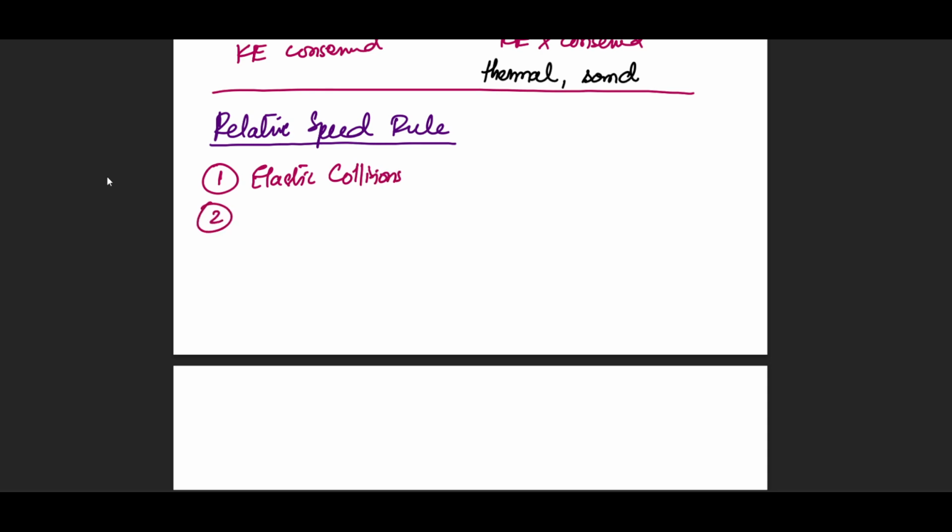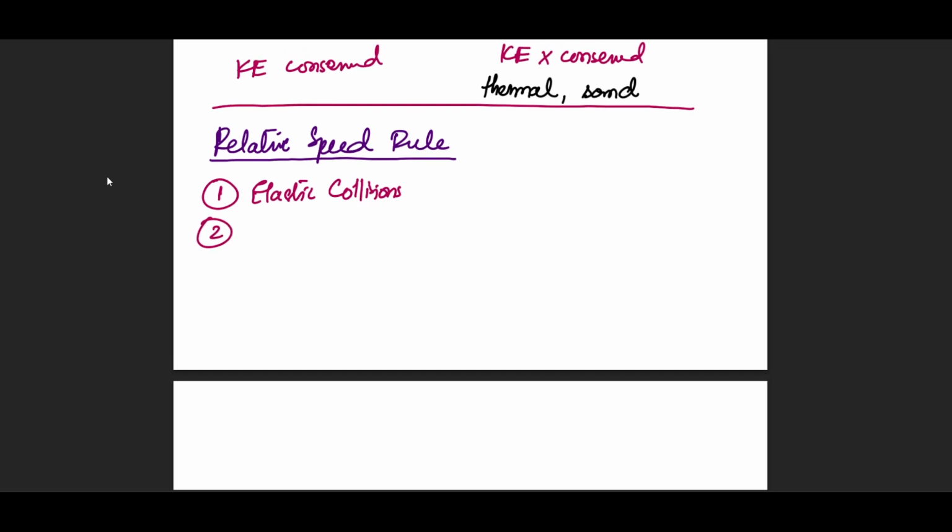And point number 2 is that since it is elastic, the mass will be irrelevant for the question. The best thing about this trick is that mass is not required to solve the question.